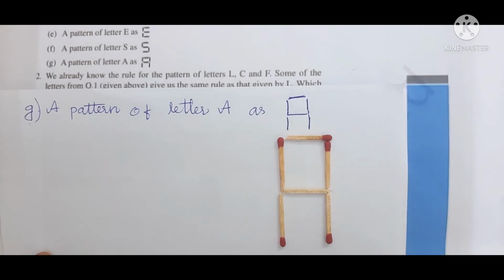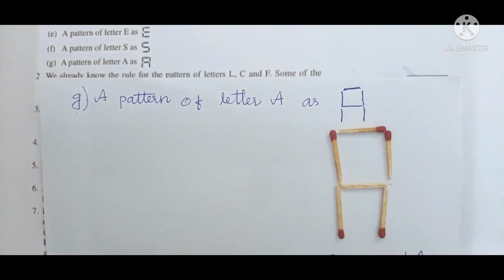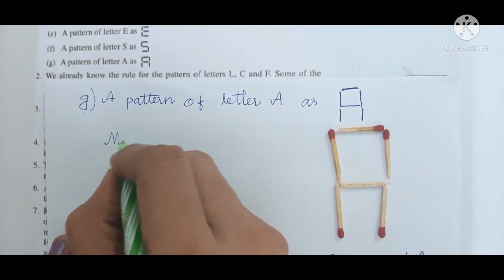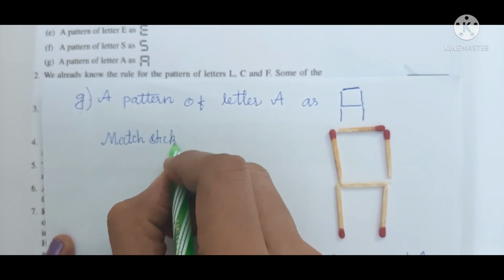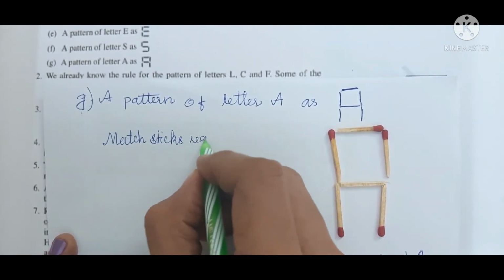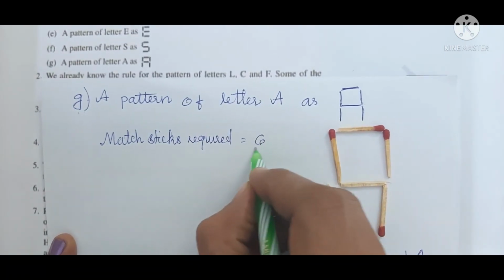So a total of 6 matchsticks we need for making one A. So we can make the rule. Matchsticks required is equal to 6.